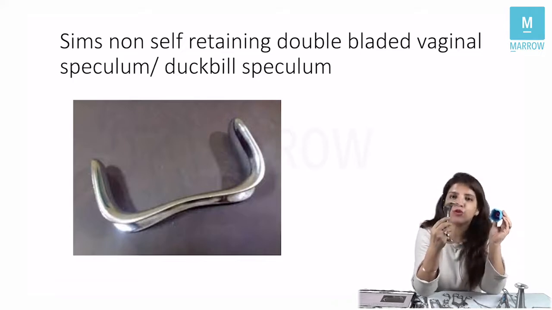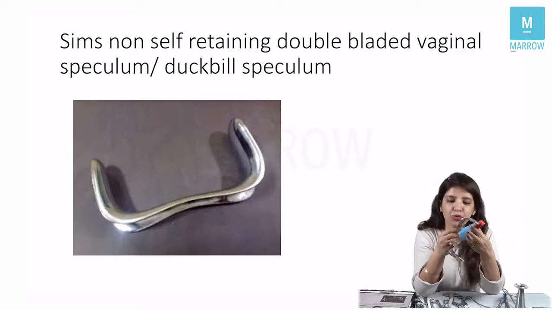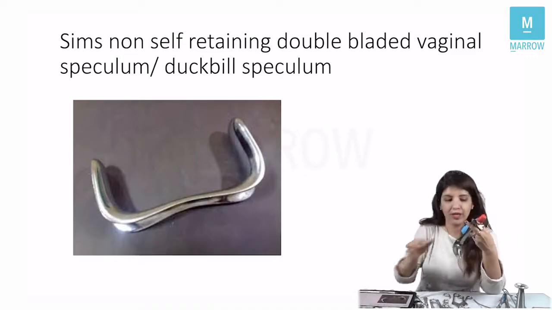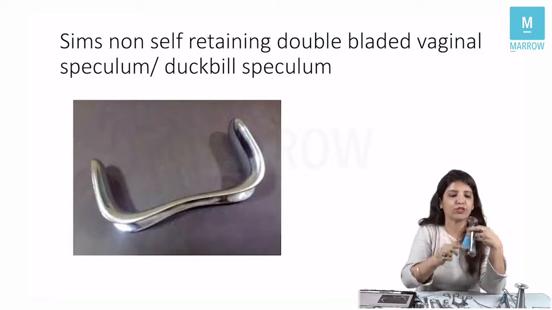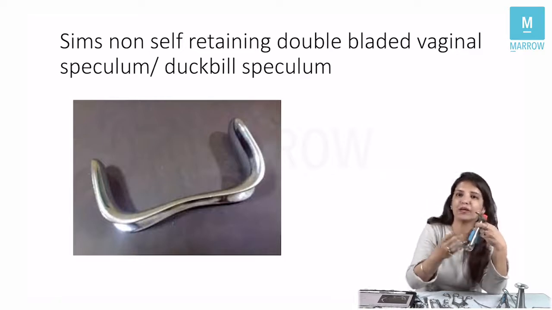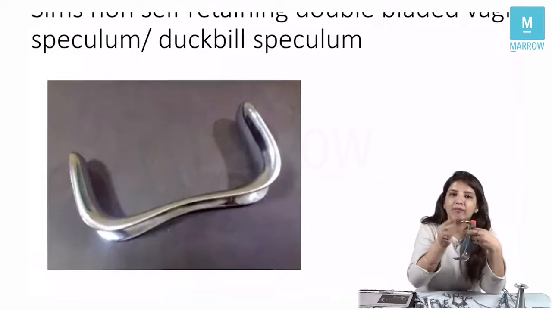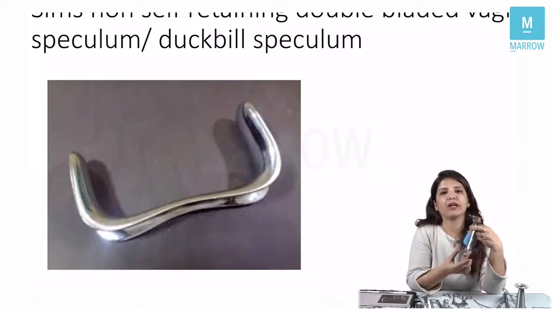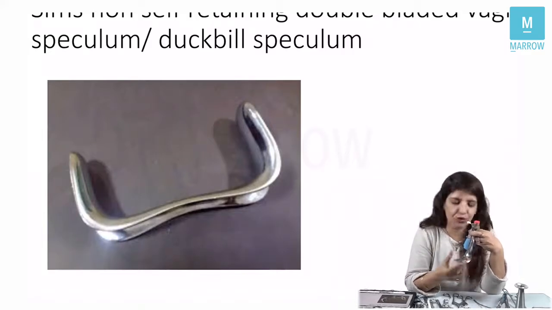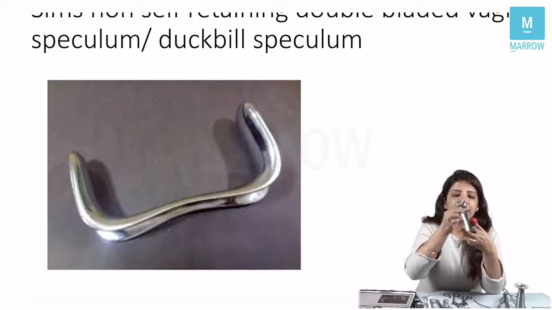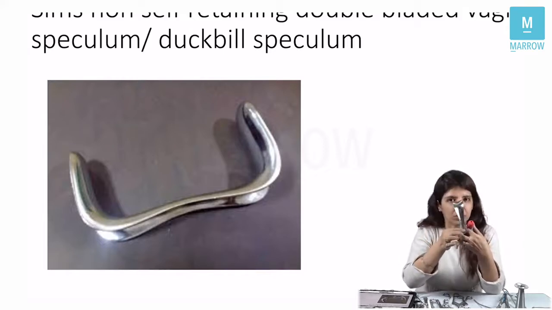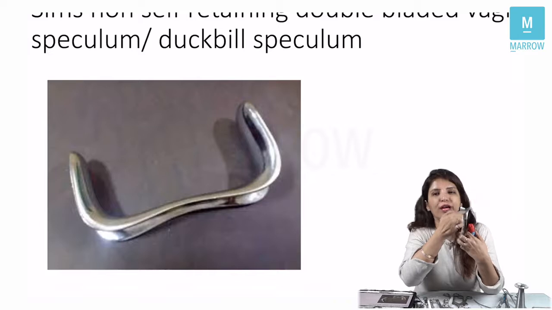The other name for this speculum is the duckbill speculum. As you can see, in this speculum, there are two blades, right? The size of both the blades will be different. One blade will be a little narrow and the other blade will be a little broader, right? Then there will be a handle connecting both the blades, and there will be a groove in the blade.